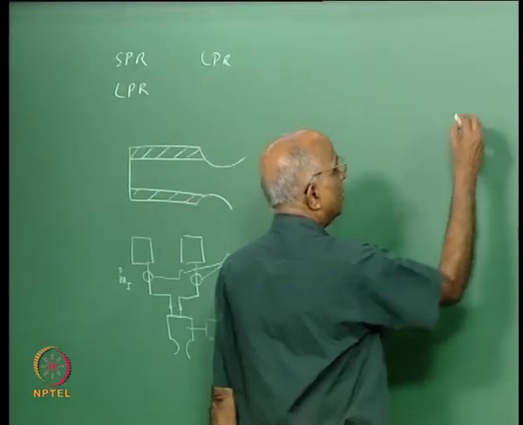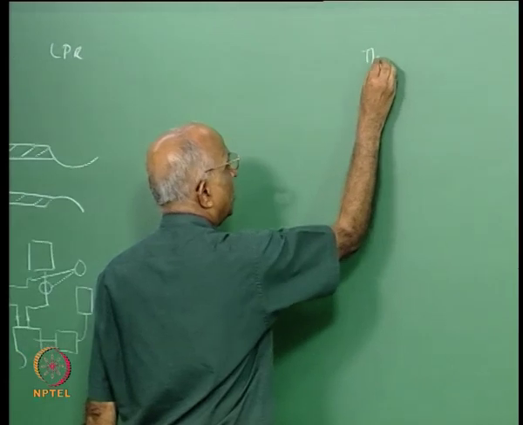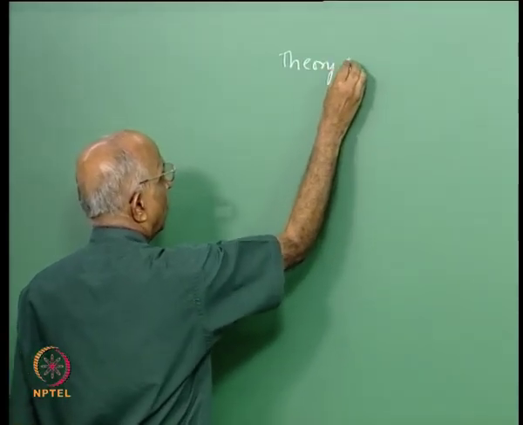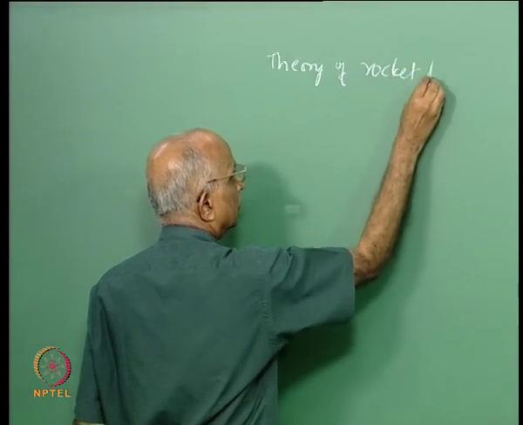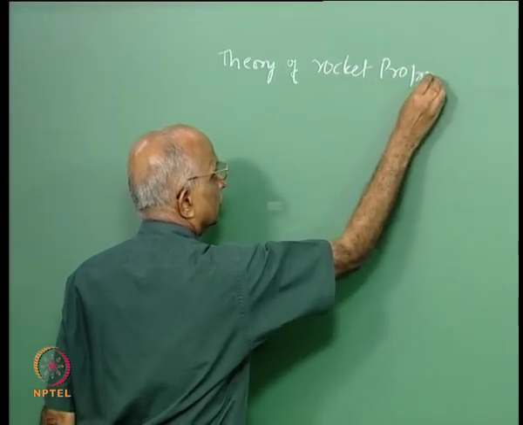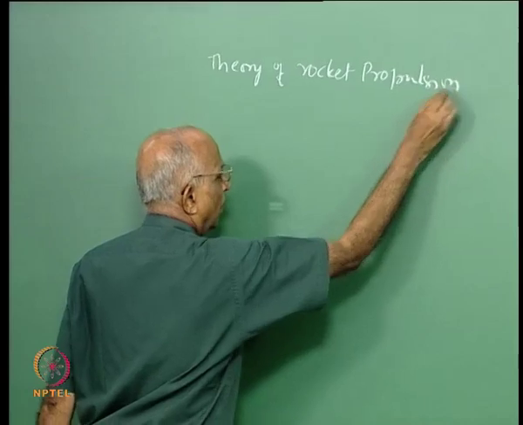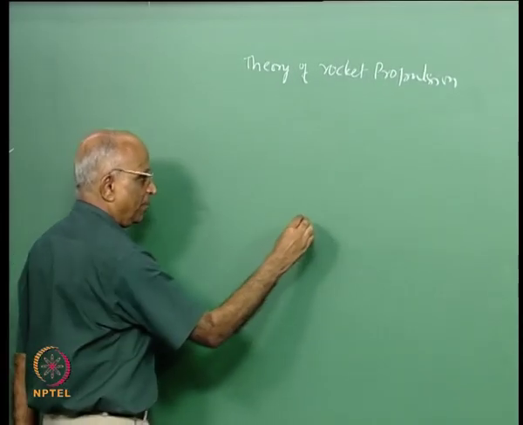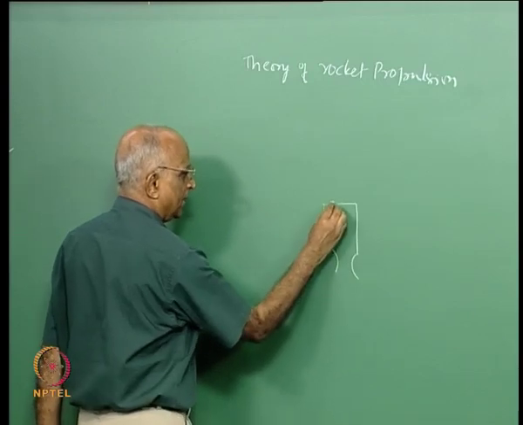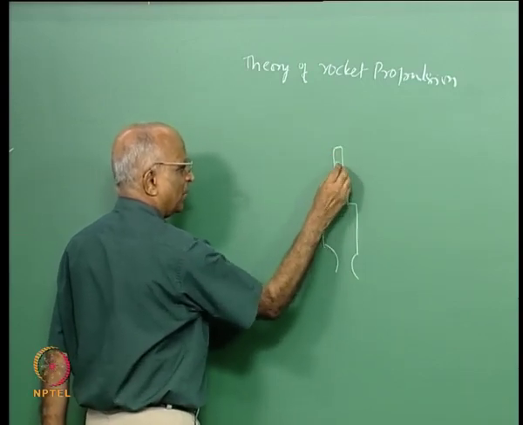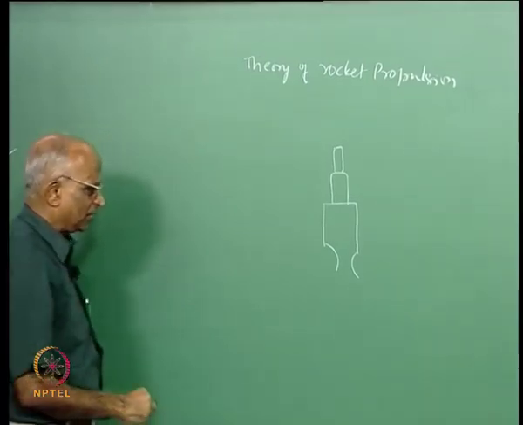Like for instance, when we studied the theory of rocket propulsion, you will recall we said boosters are those rockets which are used during takeoff, and the upper rockets are things which are known as sustainers or upper stage rockets.